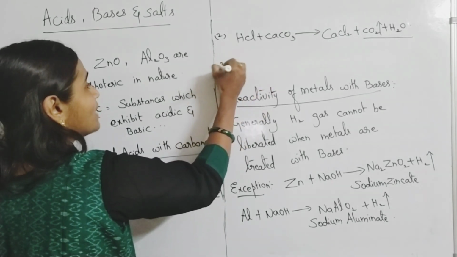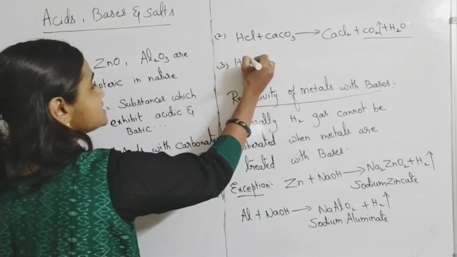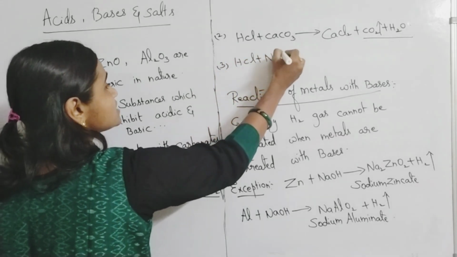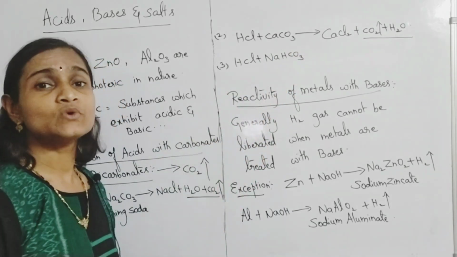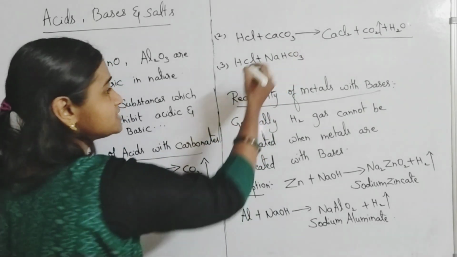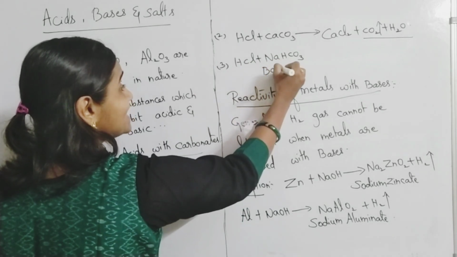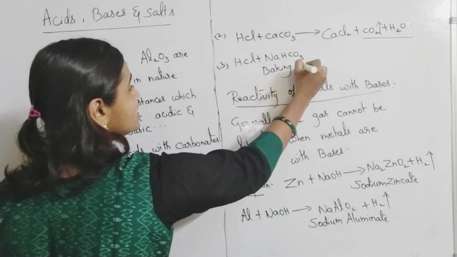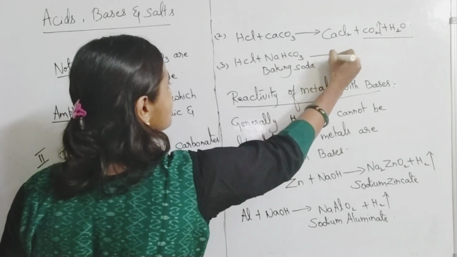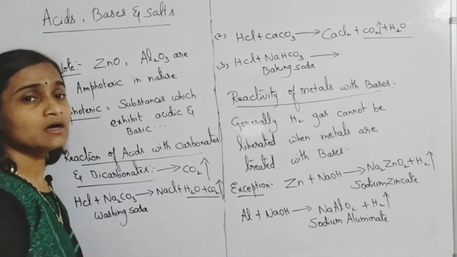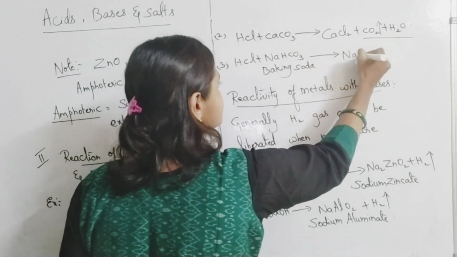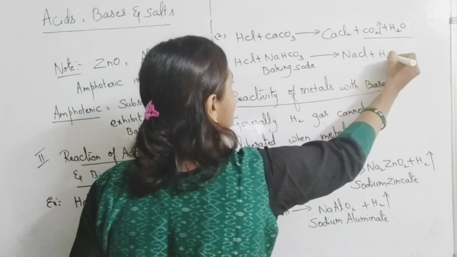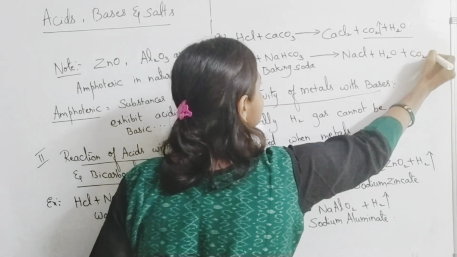If you take bicarbonates, like HCl reacting with NaHCO3, sodium hydrogen carbonate, sodium bicarbonate, which in other words you call baking soda, HCl reacts with baking soda and forms, same like that, NaCl, H2O and CO2 gas.